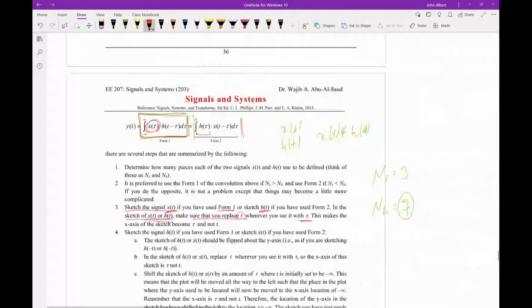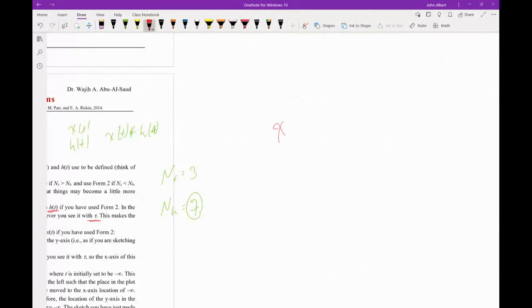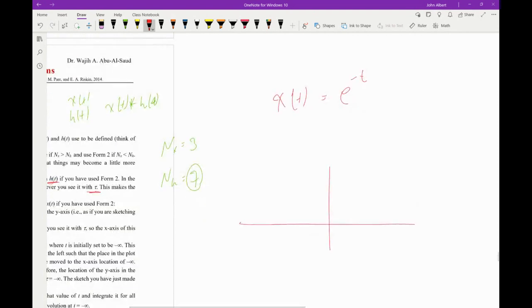Assume that I gave you, for example, x of t equal to e to the power of minus 2t, for example, or minus t. Let me even make it simple. I told you that this is the function that you have. So I want you to sketch x of t.